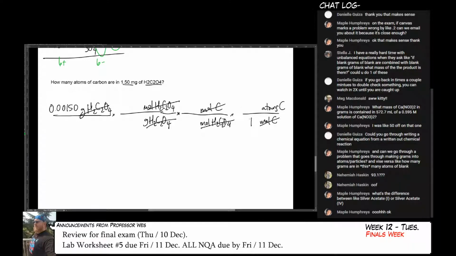The relationship here is in 1 mole of anything, there are always Avogadro's number of those things. The relationship here comes from the formula: in 1 mole of the molecule, there are 2 moles of carbon, because there's a 2 there. And then grams per mole we've done 60 million times, so we go to Lenntech, H2C2O4 is 90.03.